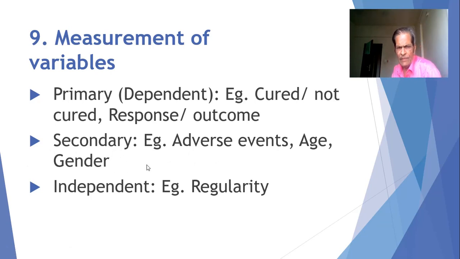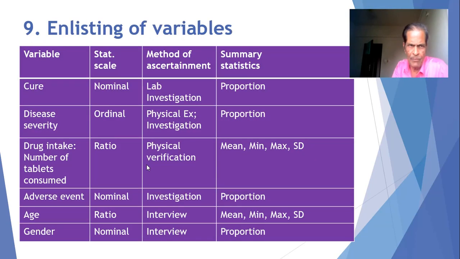Then there could be an independent variable like regularity. What was the status of regularity? What was the percentage of regularity? In some form or the other, we must be able to find out and quantify the regularity. So records must be made in such a way that the regularity could be quantified.